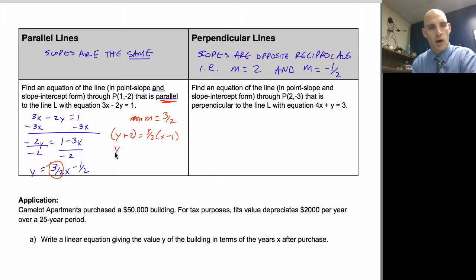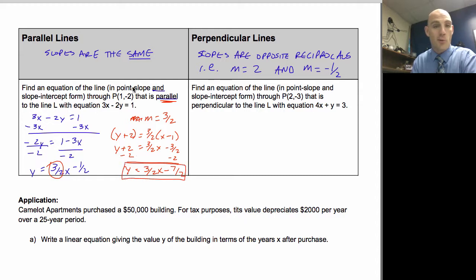So y plus 2 equals 3/2 x minus 3/2, minus 2 on both sides. So y equals 3 over 2x minus, so this is 3 over 2 and 2, so 2 is 4 over 2. So minus 3 over 2 minus 4 over 2 would be minus 7 over 2. There's our answer right there.